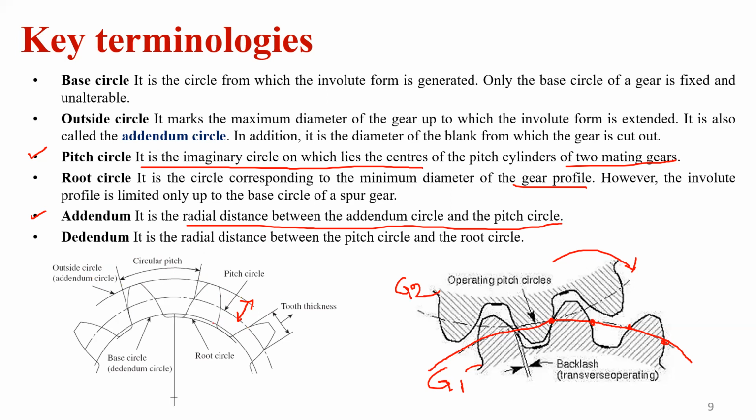And the dedendum is the radial distance between the pitch circle and the dedendum circle, or root circle. Up to the root circle is called the dedendum.